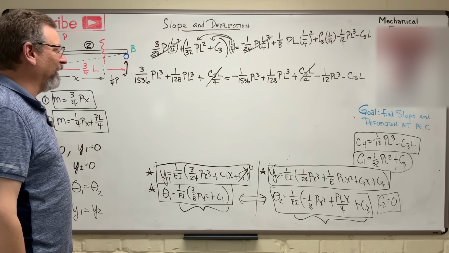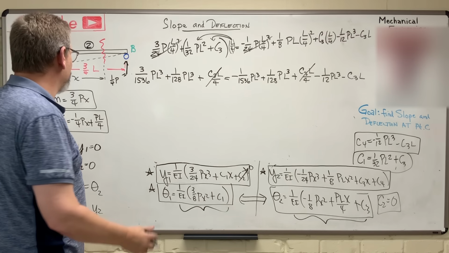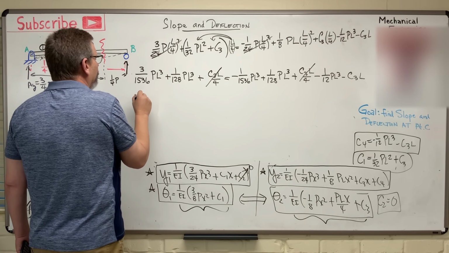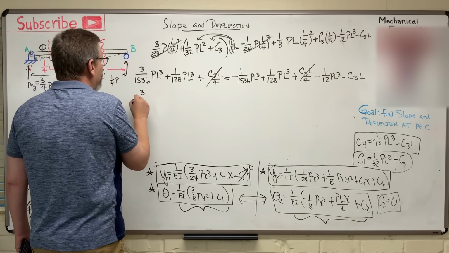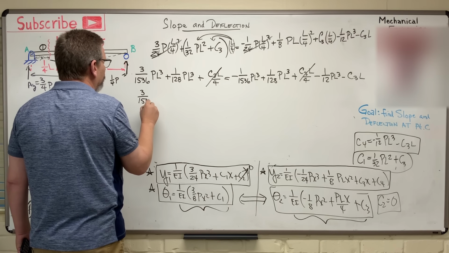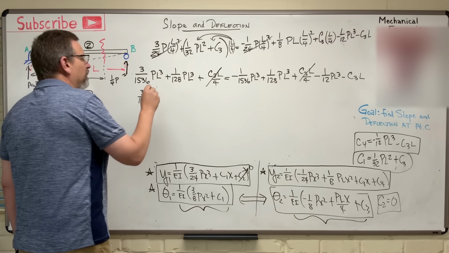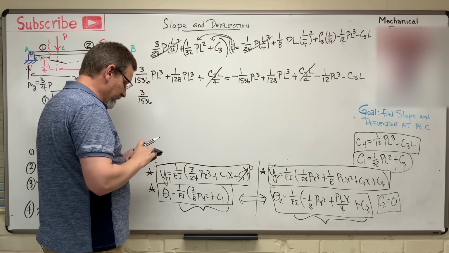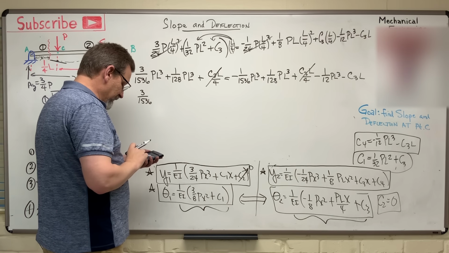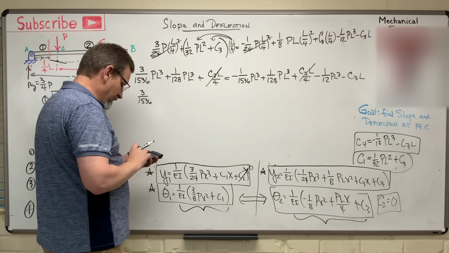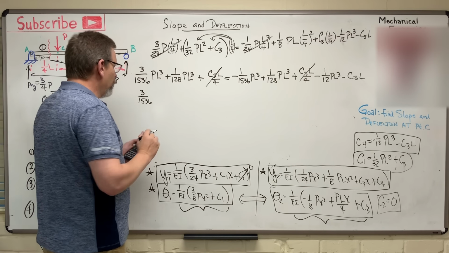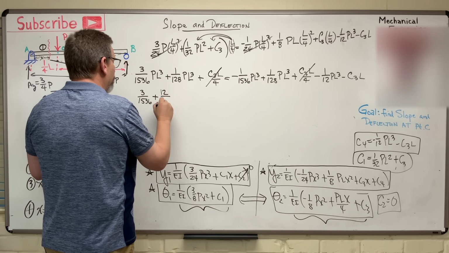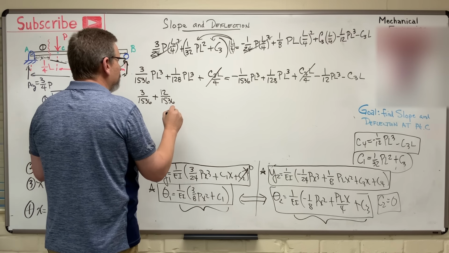Let's gather up our PL cubes. What do we have? We have a 3 over 1536, and let's make the other a 1536 denominator. 1536 divided by 128 is 12, so plus 12 over 1536.